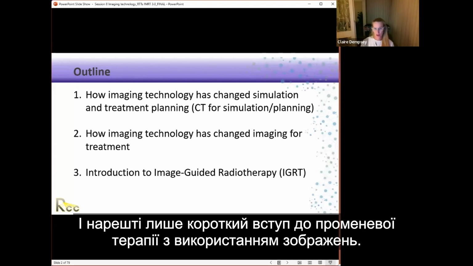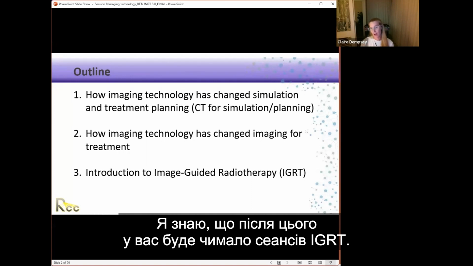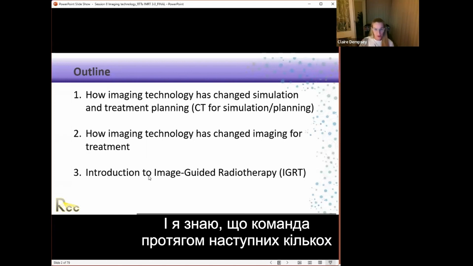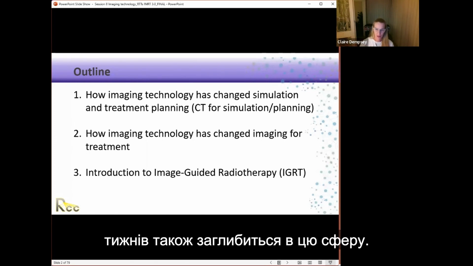And then just a quick introduction to image-guided radiotherapy. And I know you guys will have quite a few sessions after this on IGRT, so it'll just be an introductory component. And I know that the team in the next few weeks will also be going more deeply into that area as well.